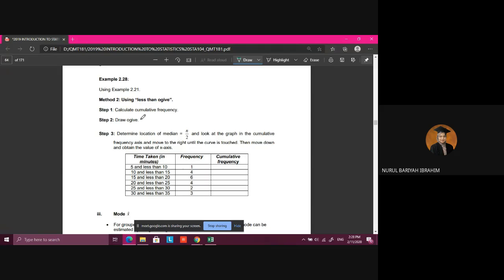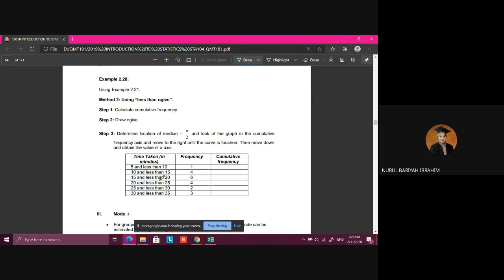Remember, to draw the ogive, you should have the title, the label for the X-axis and the label for the Y-axis. The X-axis is your class interval, or the upper limit or upper boundaries of the interval, and your Y-axis is the cumulative frequency.